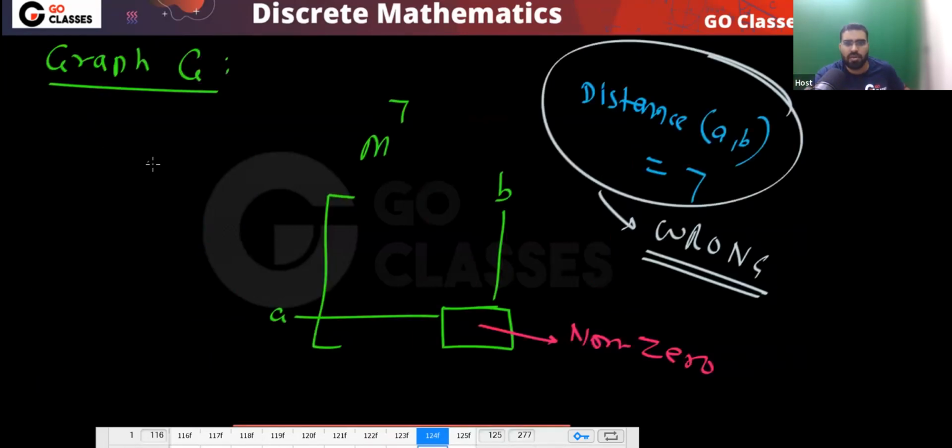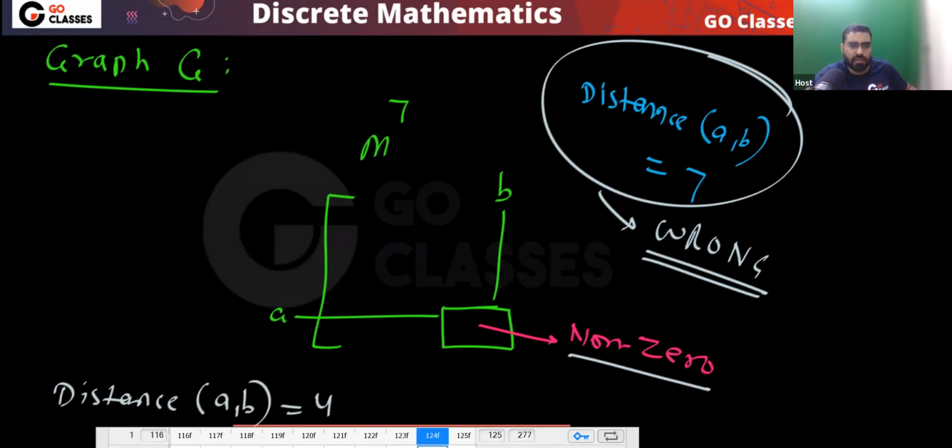I don't care what the later non-zero values are, but the first time you got non-zero, that is the distance. So the distance of A comma B is still 4, because the minimum value is 4.